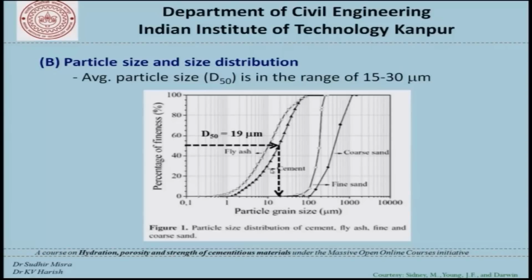As you can see, the cement particles have approximately a D50 value of 19 micron, and some supplementary cementing materials are finer than cement, and for the fine sand and coarse sand, the particle sizes are much higher.